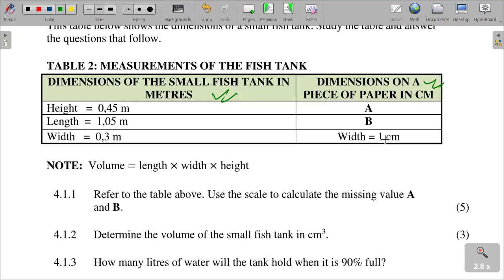The first question notes the volume formula, which we have already understood from the start. That's how we calculate volume.